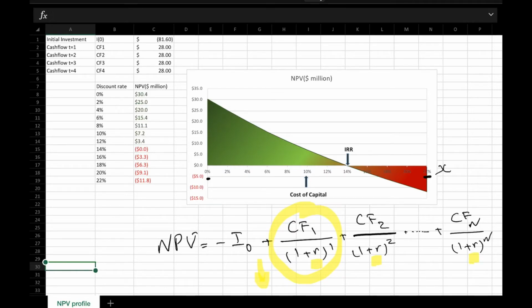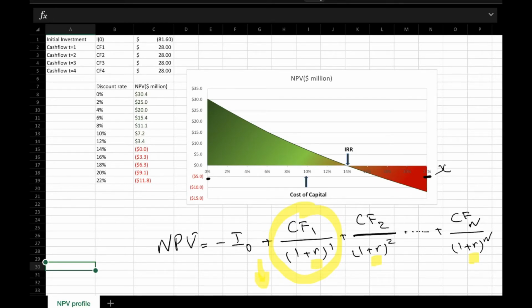But if all of our future cash flows are positive and we are discounting them, if we use a larger discount rate, the present value of these cash flows will be smaller. So the value of NPV would be smaller as well.